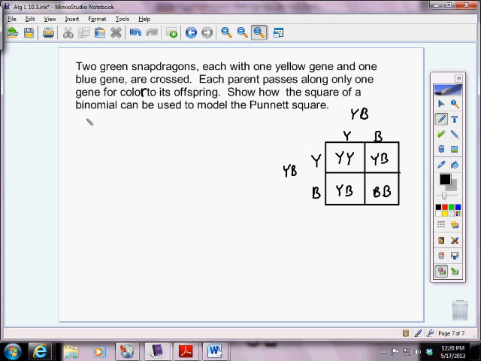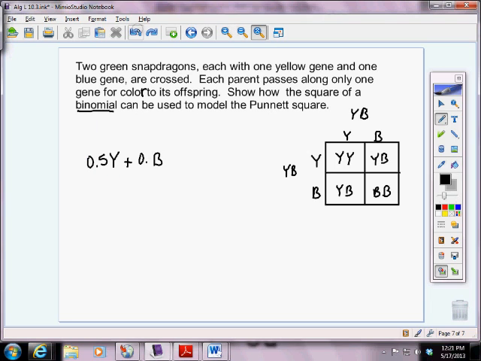But show how the square of a binomial can be used to model the Punnett square. Each parent is going to have a yellow plus a blue gene. So if you're thinking in terms of each offspring, they're getting one of the genes from the mother and one of the genes from the father, or vice versa.